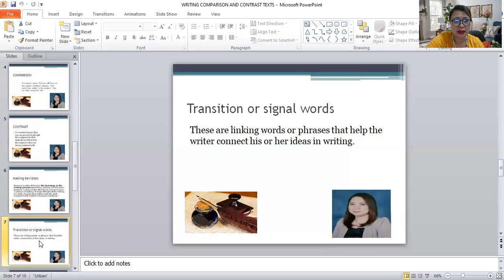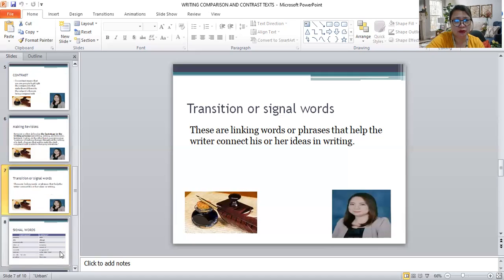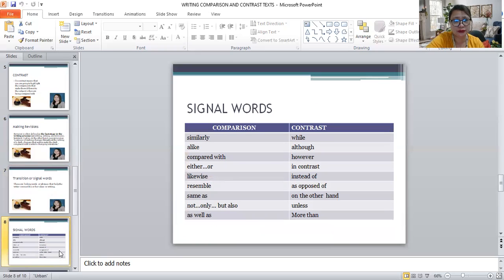Now, what are some examples of these signal words or transitions? For comparison, here are some examples of the signal words that you could use in your writing. You may use similarly, alike, compared with, either or, likewise, resemble, same as, not only but also, as well as.